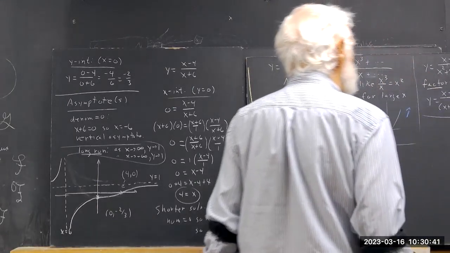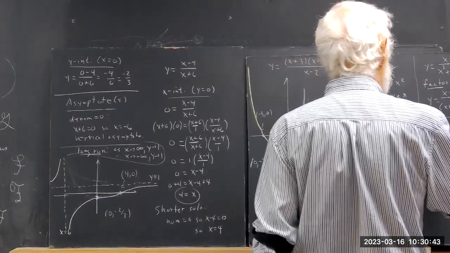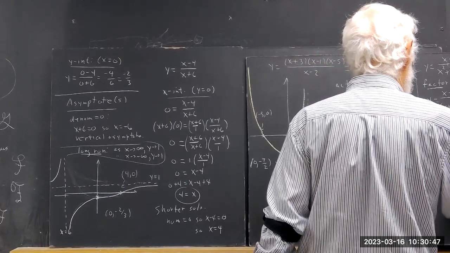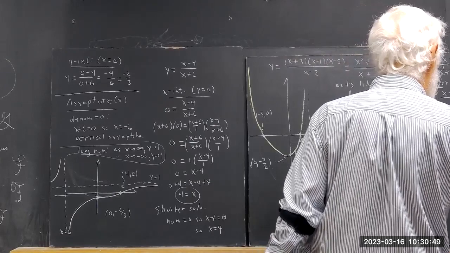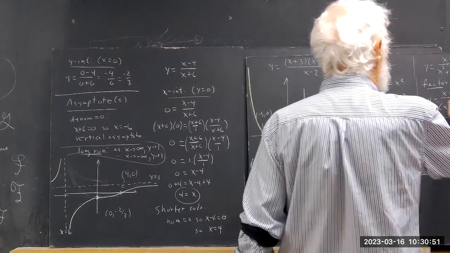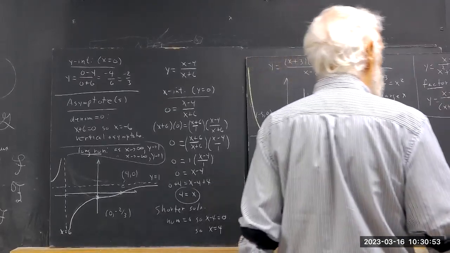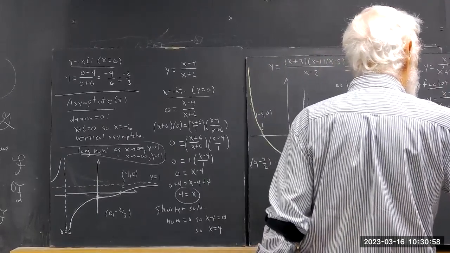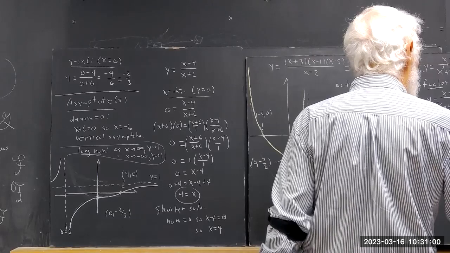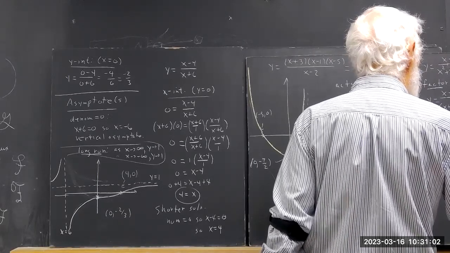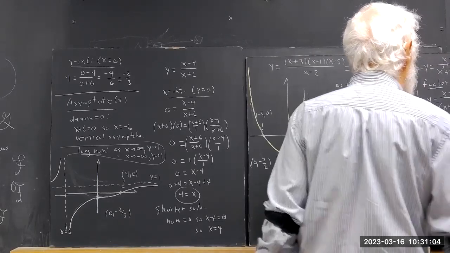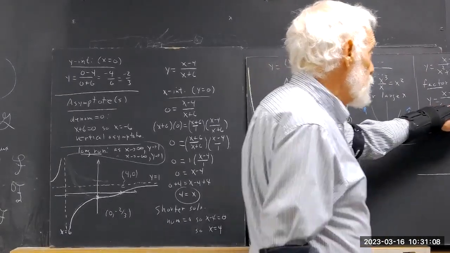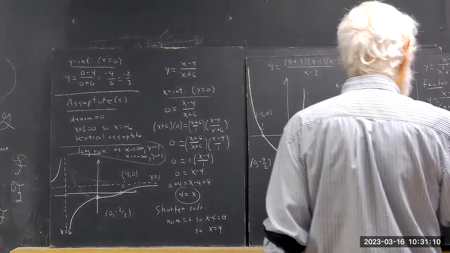So in this form, and I'm not writing it out, although you need to write it out, x minus 4 is going to be 0 when x equals 4. So we got the point (4, 0). The denominator is 0 when x equals -2 or -3.